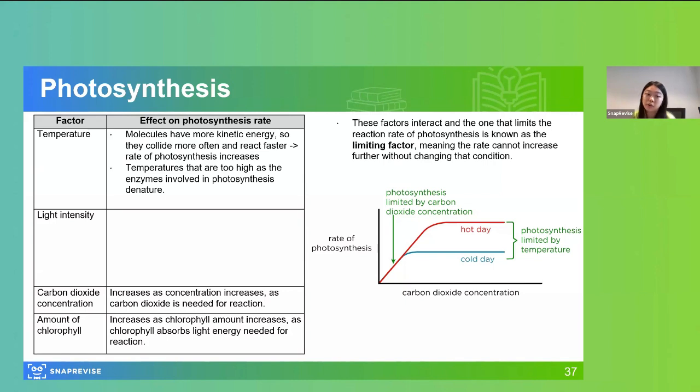But then again, it plateaus afterwards, maybe because something like light intensity or chlorophyll is affecting it. So when you're answering a question on limiting factors and they give you a photosynthesis graph where it increases and then levels off, immediately I will think limiting factors. There's something limiting it that's causing it to level off. That will be my first thought.